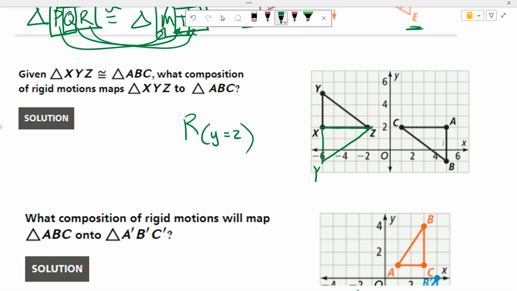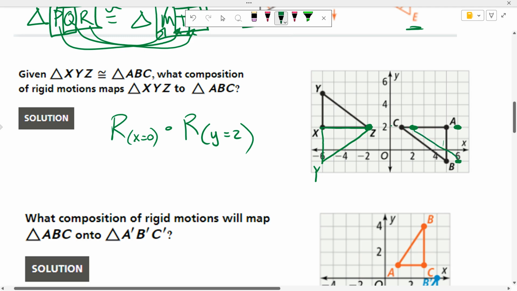So if we reflect it across the y-axis, this is 2 away, so 2 away would be there. This is 6 away, so 6 away would be here. This is 6 away, so 6 away would be here. So then if we reflect across the line x equals 0, because x equals 0 is the y-axis, it would look like this. Then I need a third transformation, which is a translation.